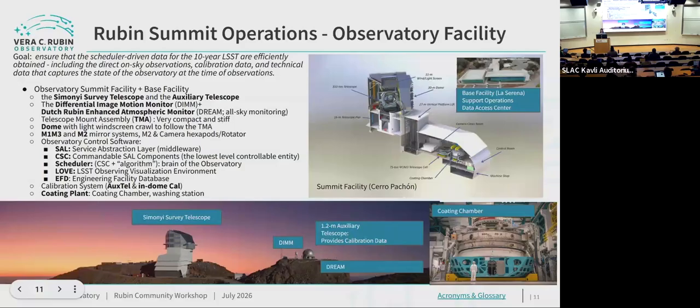Here SAL is the service abstract layer, which is the core communication middleware that connects all the hardware and software subsystems controlling the telescope, and not only the telescope, but all the facilities at the observatory. The CSCs are responsible for managing the incoming traffic of data, and they also take appropriate action. This includes controlling hardware systems like our mirror, the telescope mount, the TMA, etc. Also, some are pure software.